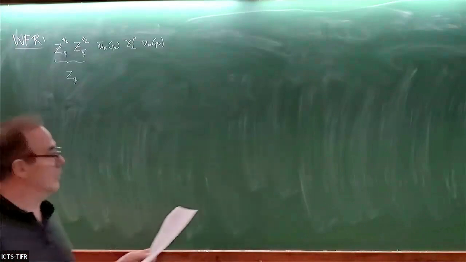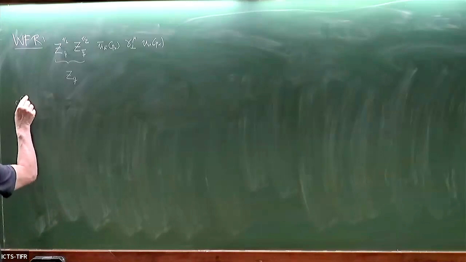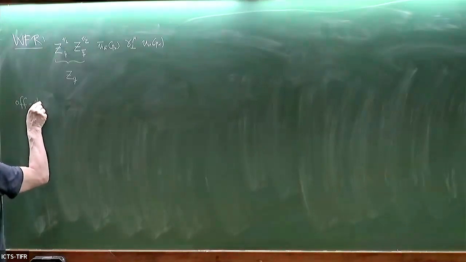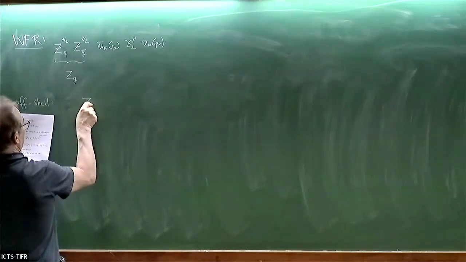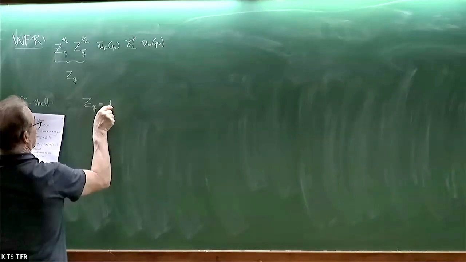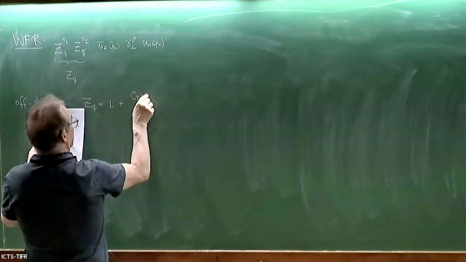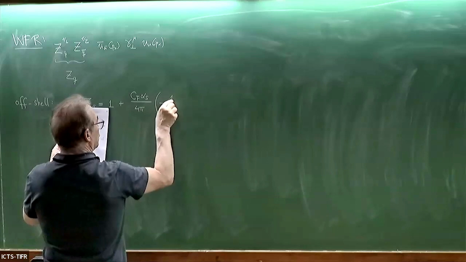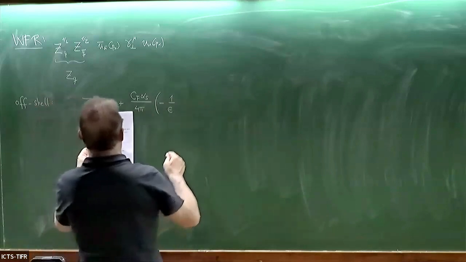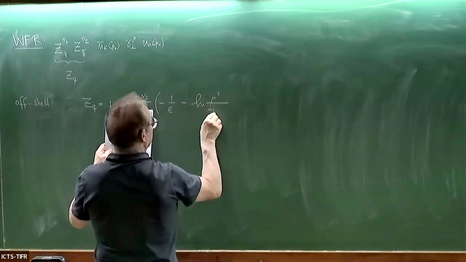And since we do the off-shell Sudakov form factor, you also need to do the off-shell wave function renormalization, which is not normally what you find in textbooks. But let me just give it to you. It's 1 plus CF alpha strong over 4 pi, and then there is a UV pole, 1 over epsilon. IR divergences are regularized by p square.